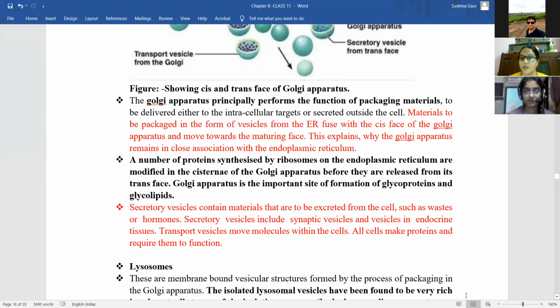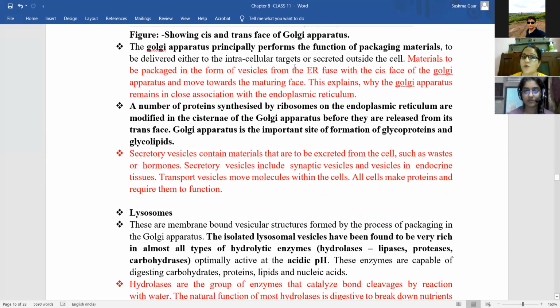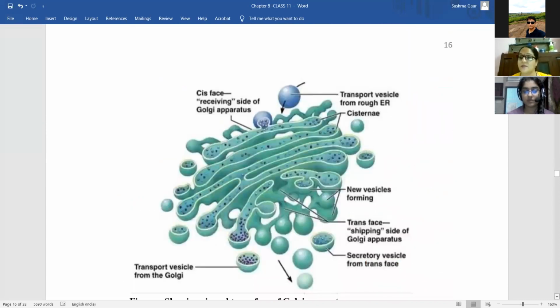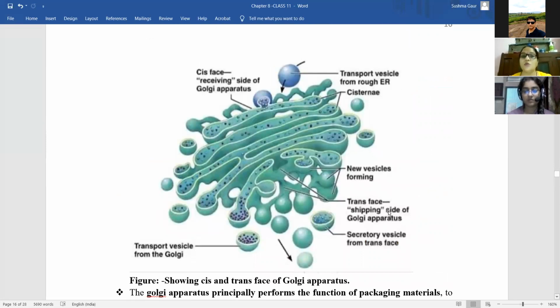Okay. Yes, so the materials are packed in form of vesicles from endoplasmic reticulum. Now we will understand the mechanism of the transport of proteins. So the proteins that are to be transported are enclosed in the vesicles, will reach the cis face of the Golgi, then they will move throughout these cisternae.